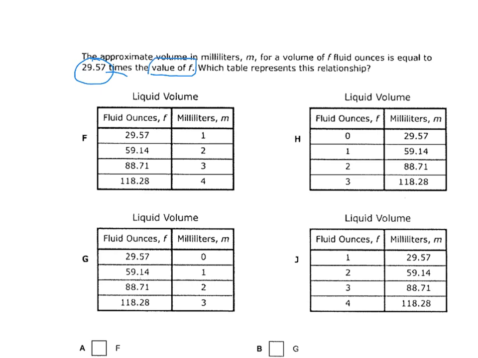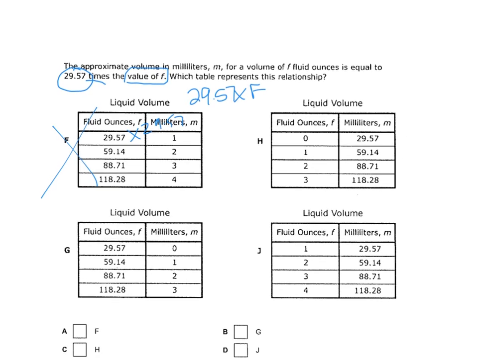So it's 29.57 times F. If we look at F, it's supposed to be 29.57 times F. If I say 29.57 times 29.57, I get 874.38, okay? Not 1. I get a huge number, so that one is not set up correctly.